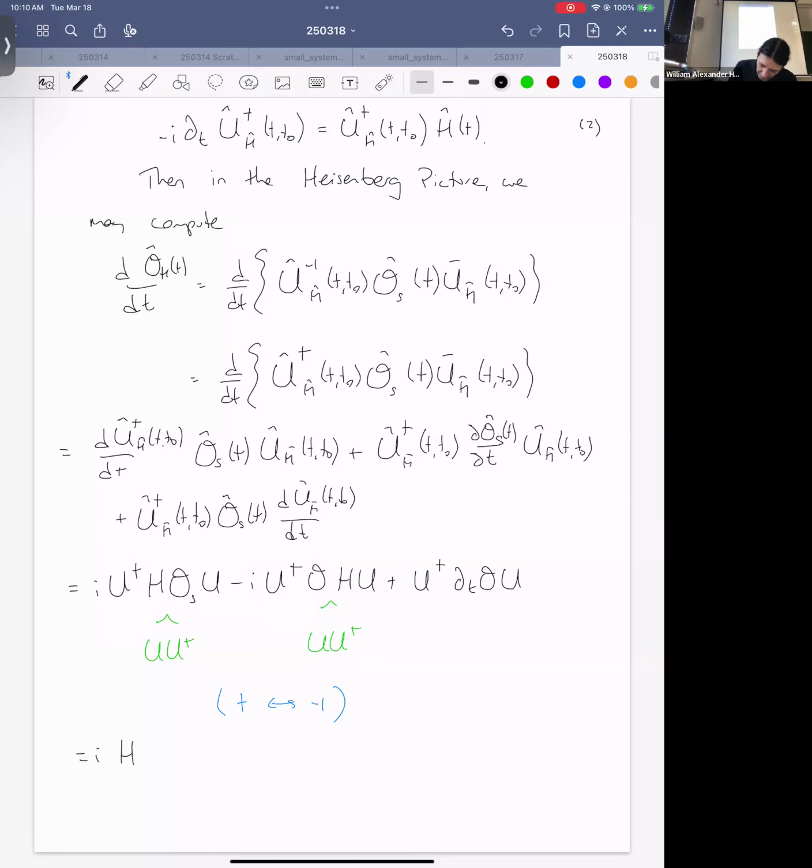I Hamiltonian, where all of the operators are in the Heisenberg picture at time t, and then our operator in the Heisenberg picture at time t, minus I operator in the Heisenberg picture at time t, Hamiltonian with all of the operators inside of it in the Heisenberg picture at time t, plus, and then on the right side, what we're just going to call the partial derivative with respect to time of our operator in the Heisenberg picture.